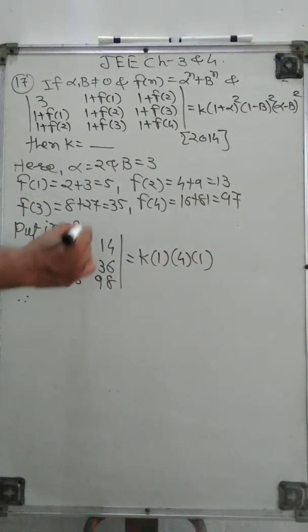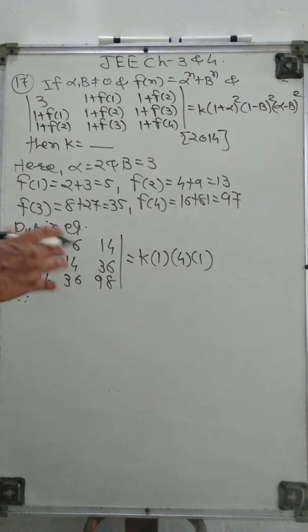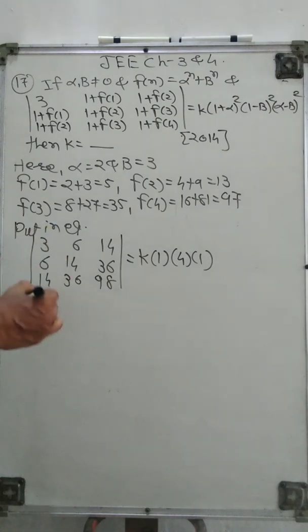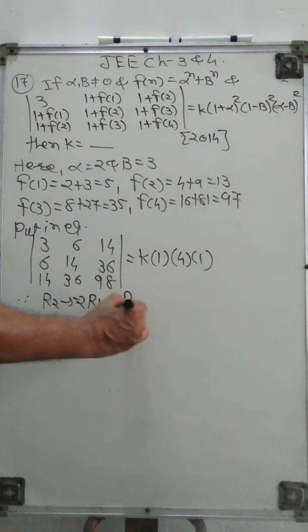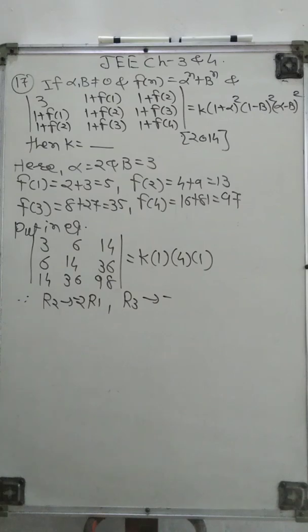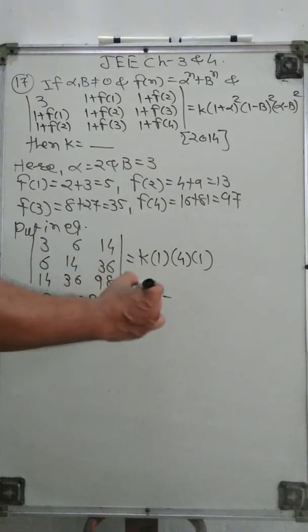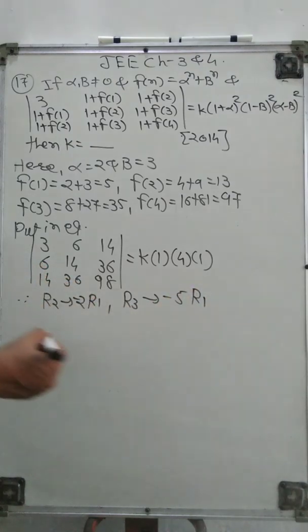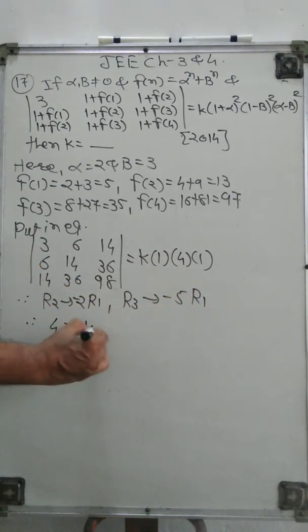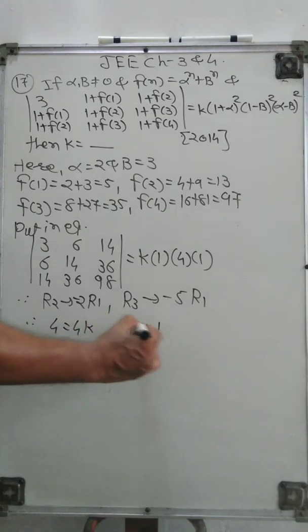Now when you simplify, take the process R2 minus 2 R1 and R3 minus 4 or 5 R1, and just simplify, then we get 4 equal to 4k. It means k equal to 1.